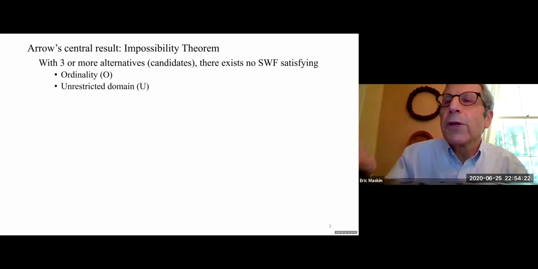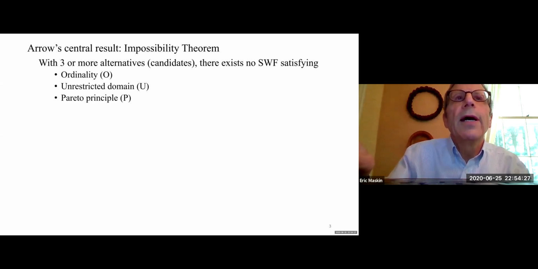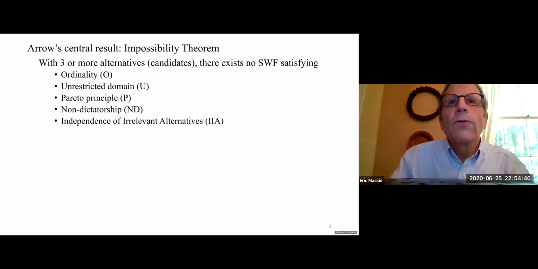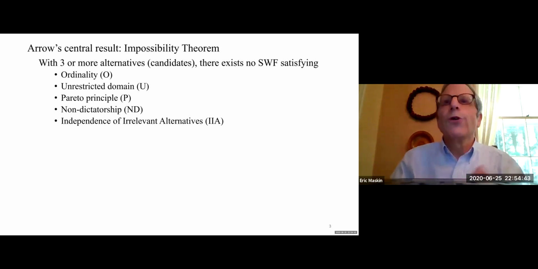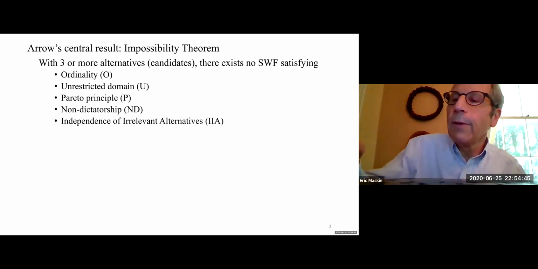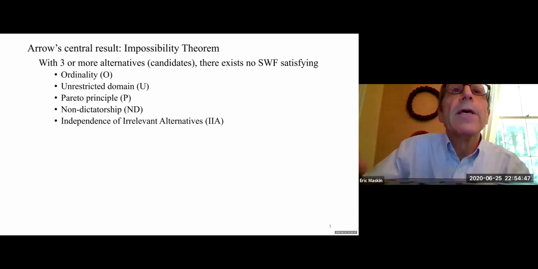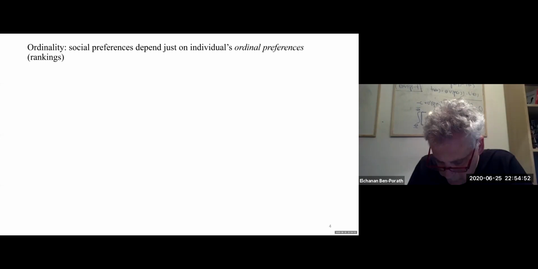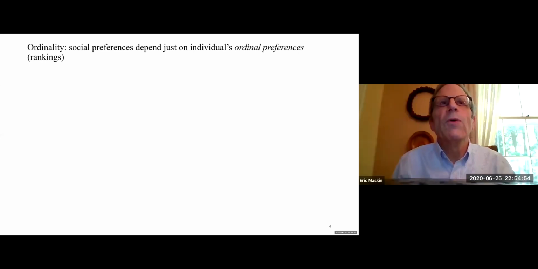There was an unrestricted domain condition. I'll talk about that in a minute. Pareto principle, which we already saw, non-dictatorship, which is a very weak form of anonymity, and Arrow's version of IIA, which I will spend a bit of time on.